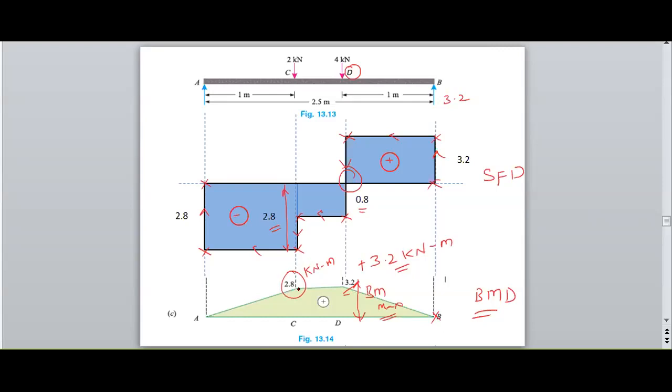At A, it is again 0. Because only point loads exist, I need to join all these points by inclined straight lines, using a scale.